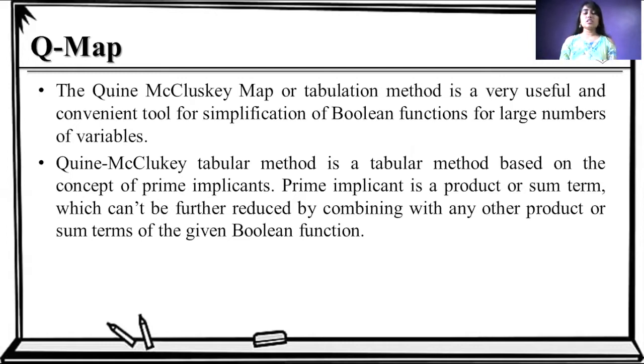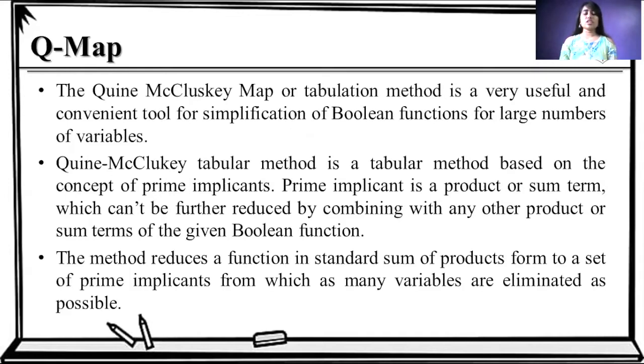A prime implicant is a product or sum term which can't be further reduced by combining with any other product or sum terms of the given Boolean function. Basically, a prime implicant is a term which can't be further reduced.